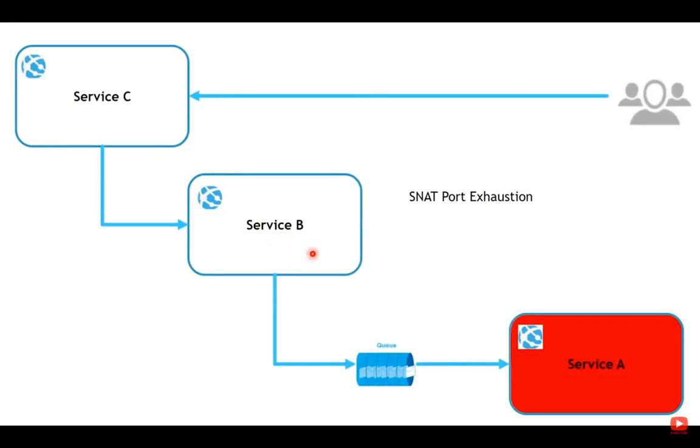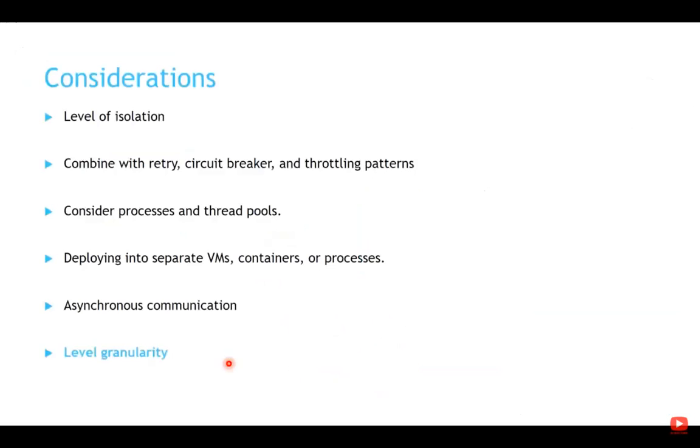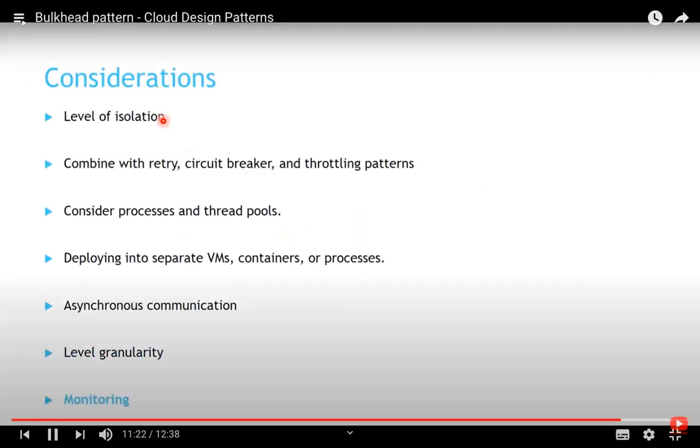Service B is not going to be affected by the availability of service A, and this is one of the values of introducing asynchronous communication in this kind of request. Also, the level of granularity ties well with the level of isolation, thinking of the business requirements and the technical requirements, and finally monitoring all of these different partitions.